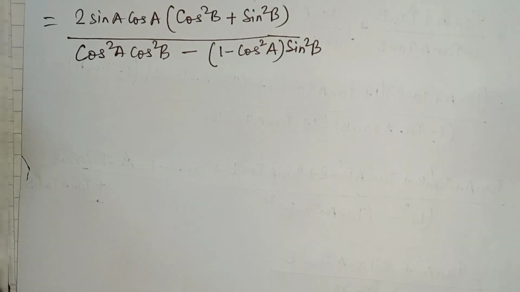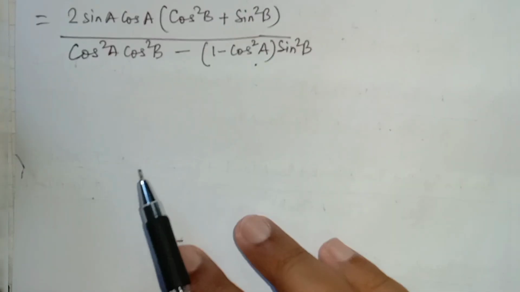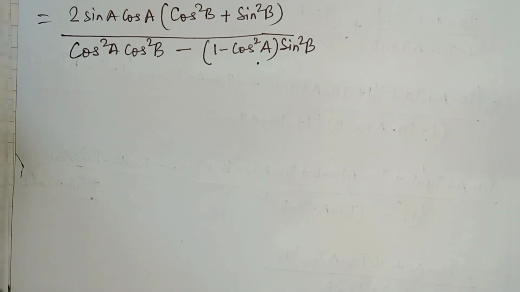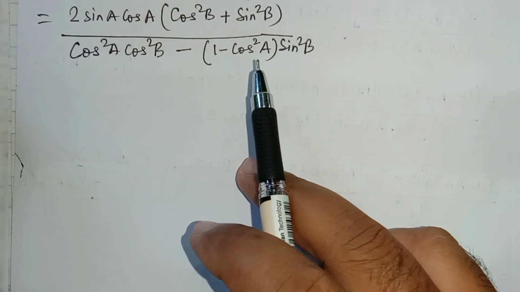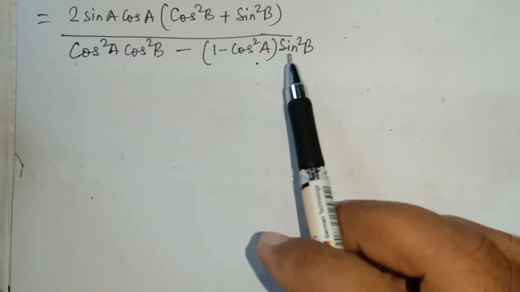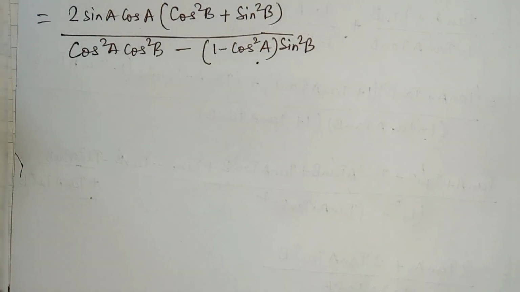Now after taking common from the numerator, we get 2 sin A cos A times cos square B plus sin square B, and changing sin square A of the denominator into cos square A, we get cos square A cos square B minus (1 minus cos square A) times sin square B. In the later step let's multiply these two terms and check what happens.